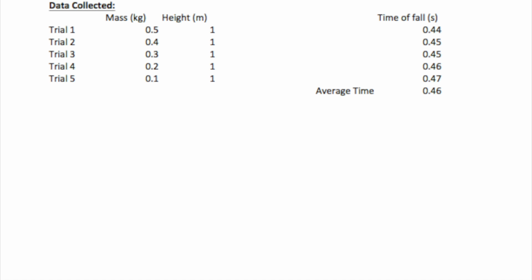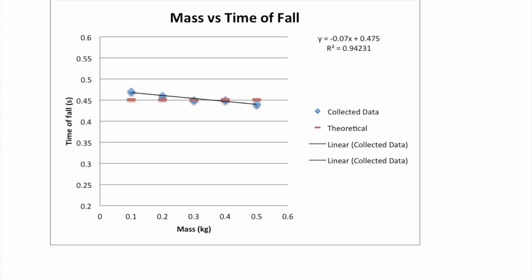With our experiment, we collected data for an average of 0.46 seconds of fall time, which matches up quite accurately with the theoretical calculation of 0.45 seconds.